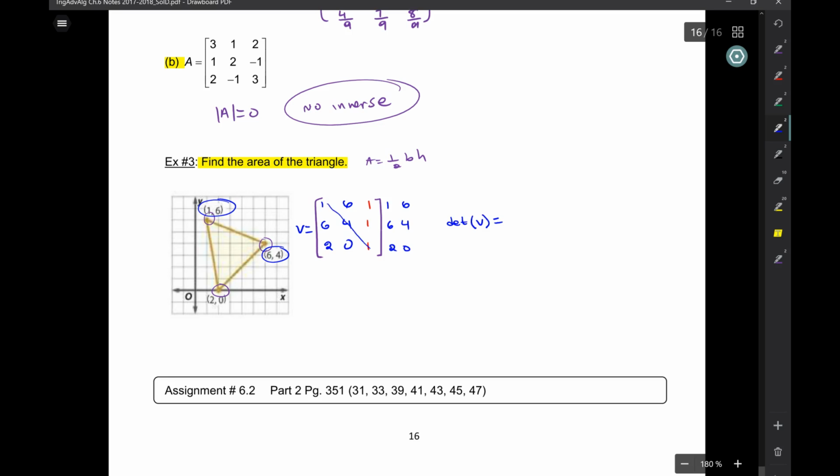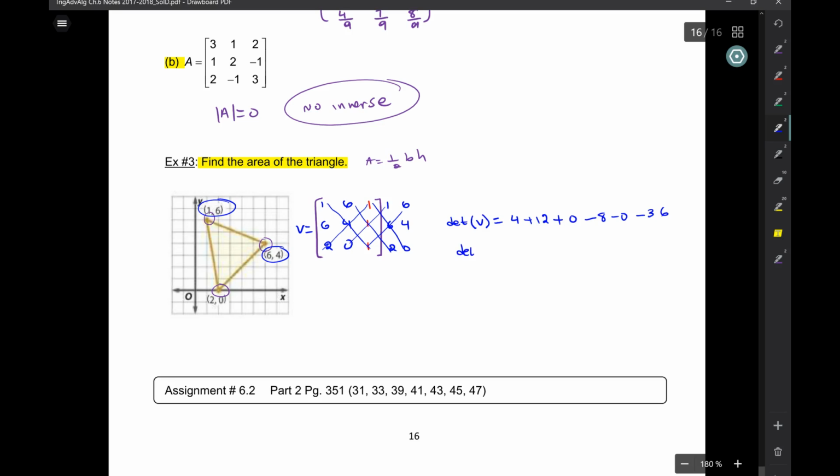So first we have 4. I'm not going to do the times. Then I have positive 12 plus 0. Now minus 8 minus 0 minus 36.